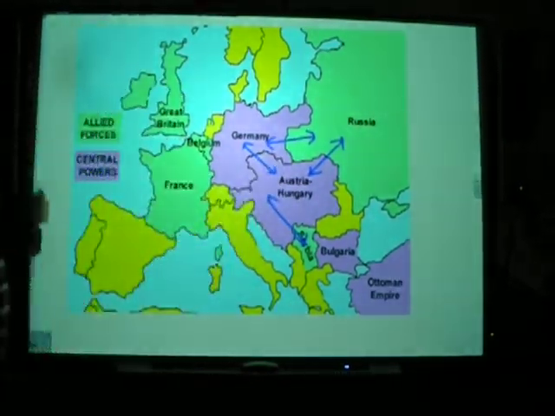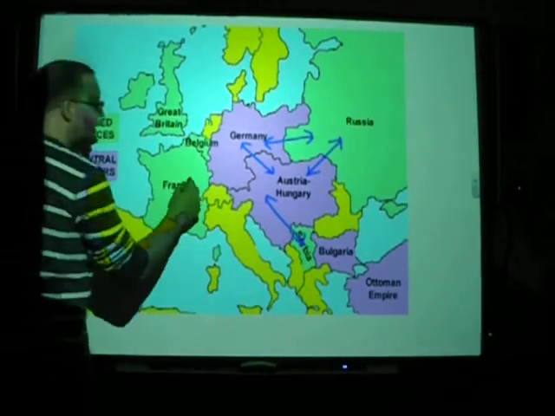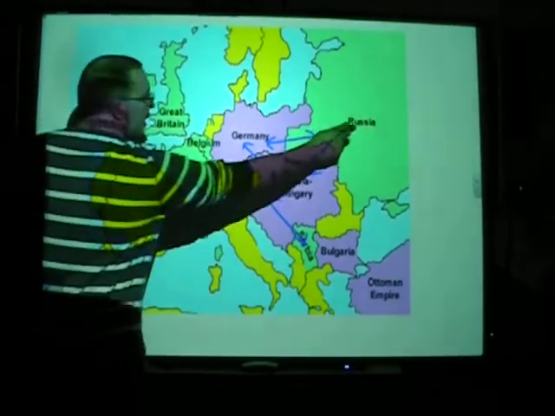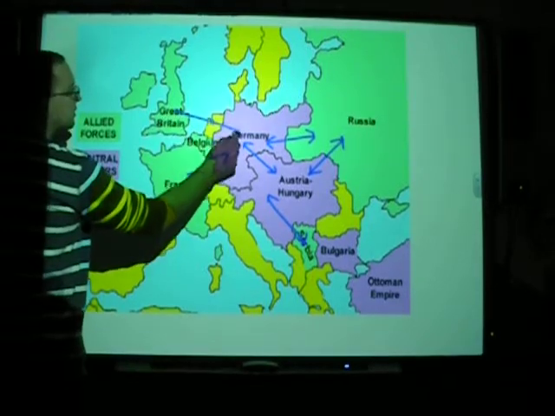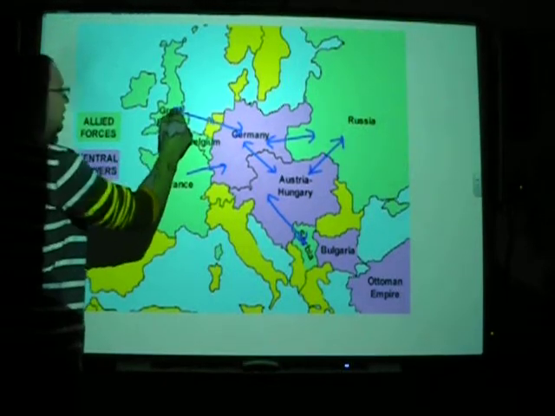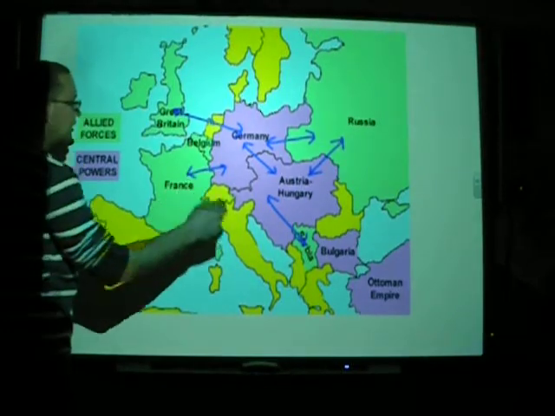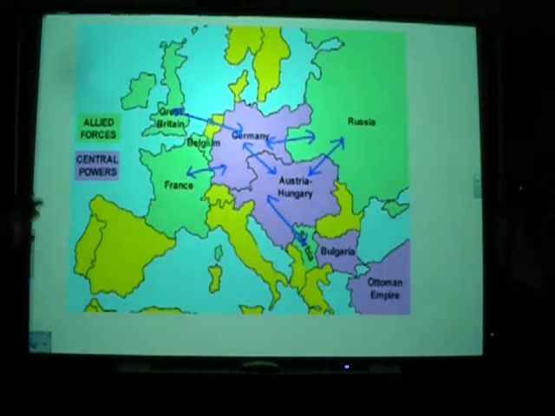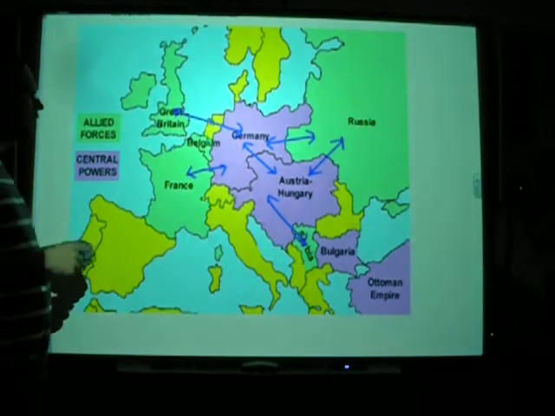At the same time, France has an alliance with Russia, as does Great Britain, and they're going to look to fight Germany. So this is the major European powers here.